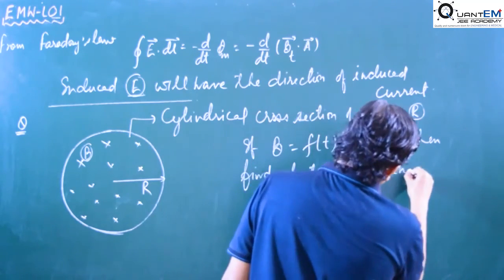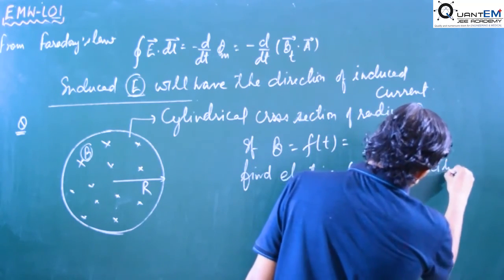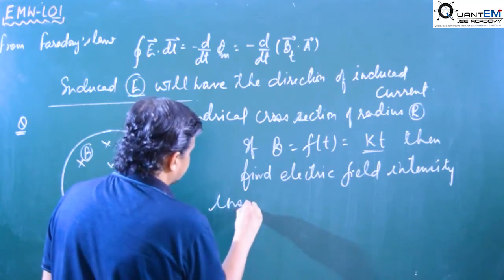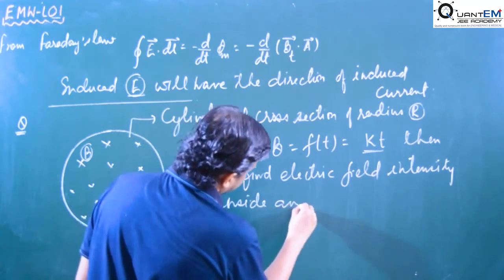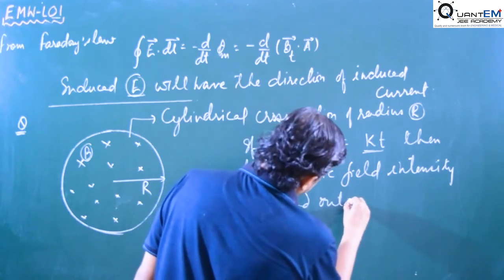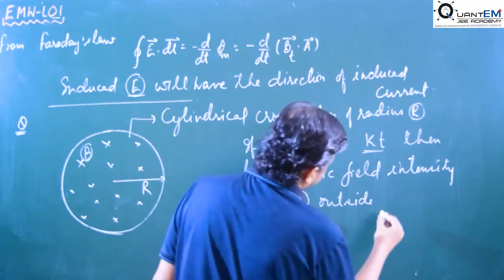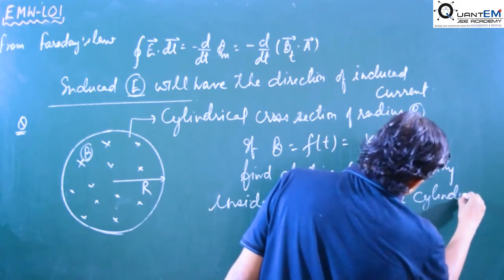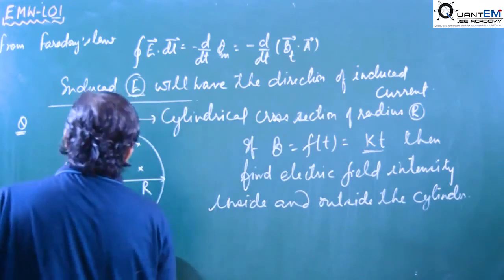इलेक्ट्रिक फील्ड इंटेंसिटी inside and outside the cylinder. तो सिलेंडर का inside and outside we have to get electric field intensity.